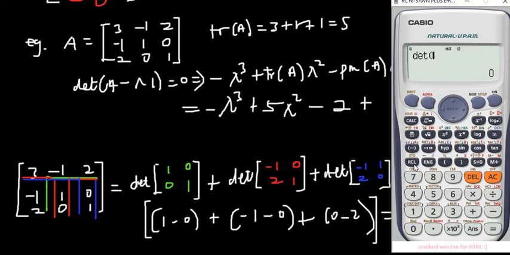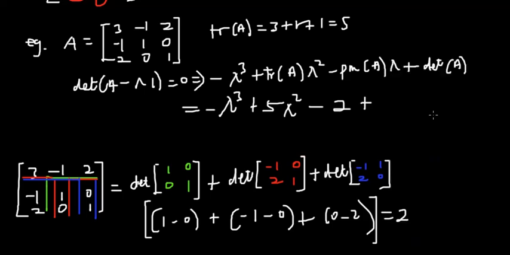Then you click on Shift again, click on 4, that's matrix, and you choose the matrix you initially used. That's matrix A, so you click on 3, and you close the bracket. After that, you click on the equal to sign. You'll be given the determinant for the entire matrix, which is -2. So you just put that over here. Let's clean this up.